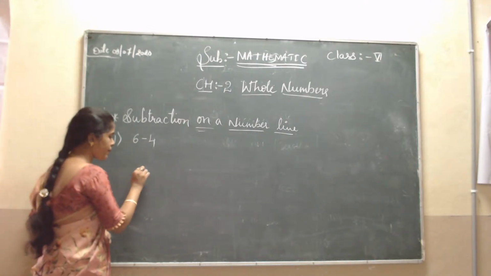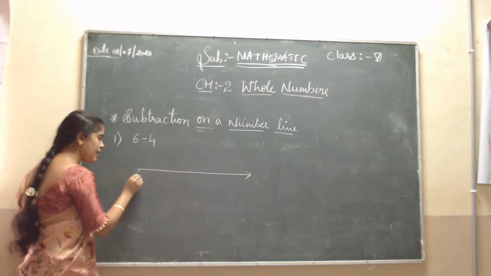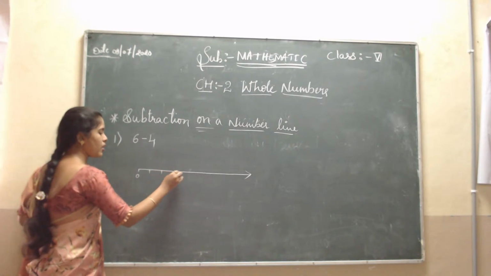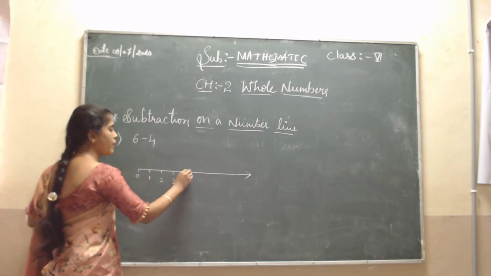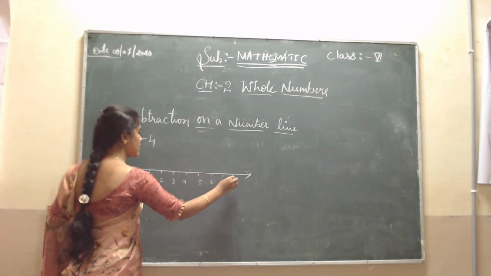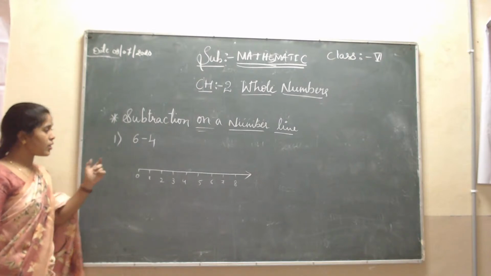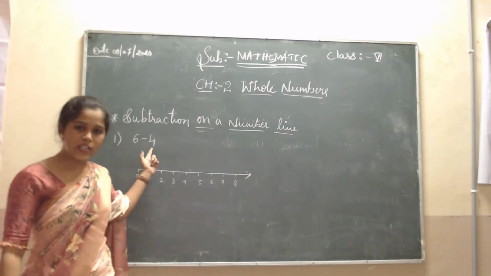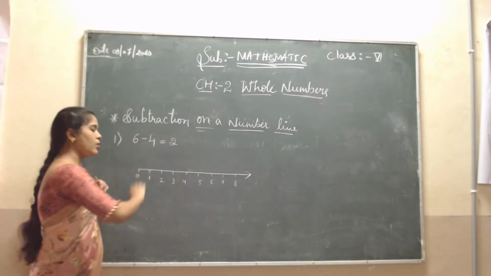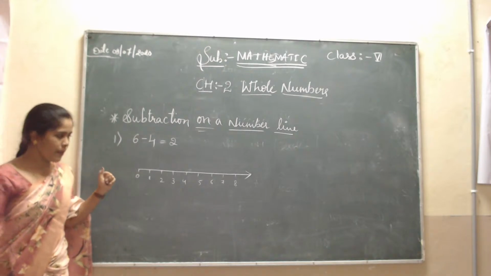See here, this is a number line. We are starting from 0, 1, 2, 3, 4, 5, 6, 7, 8, and so on. Here the question is 6 minus 4. 6 minus 4 is 2. You already know that. We are seeing it on a number line.